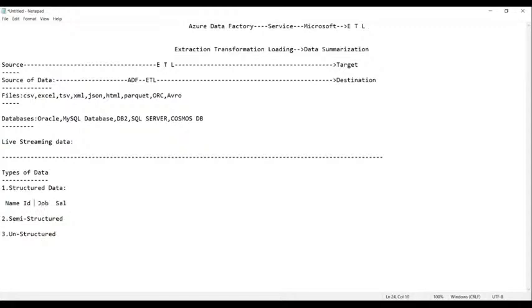Let's fill it up. Name is Alan, then the ID number, job is clerk, and salary 25,000.